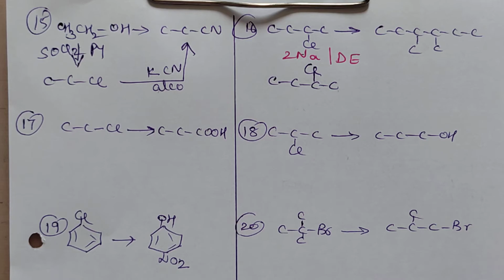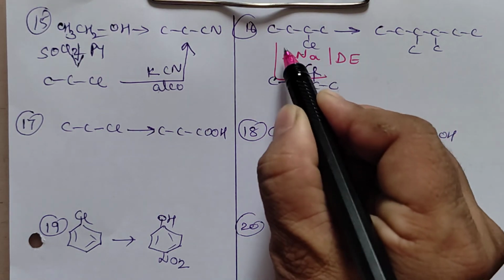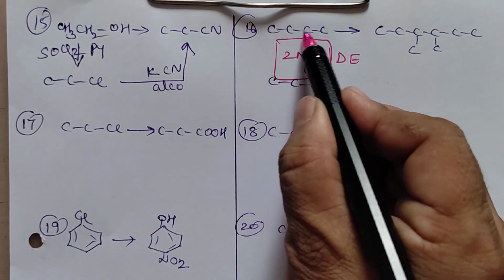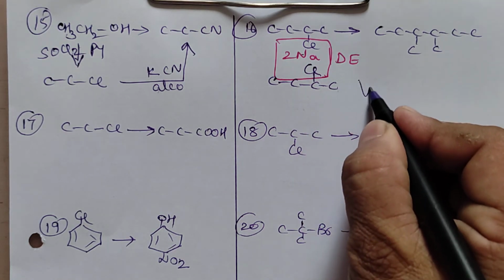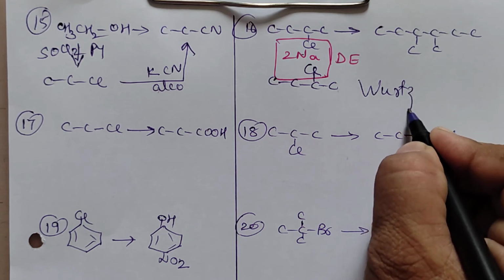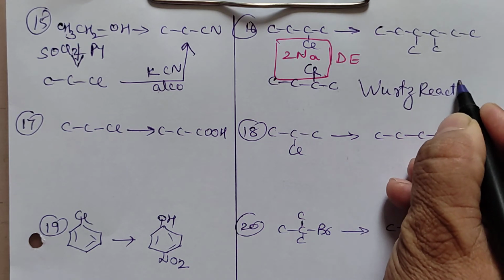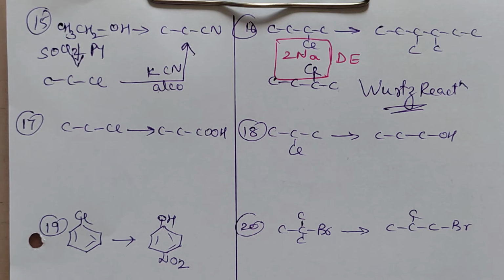You can just have a look. This Na and Cl will come out. So what are we left with? These 2 carbons will just get added on. So what are we carrying out? Nothing. Wurtz reaction. Got it? It's simplest of all.